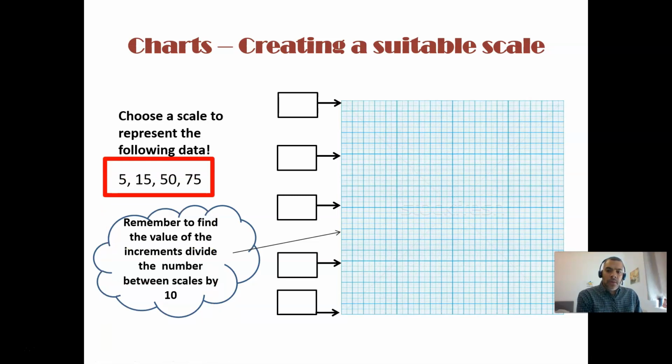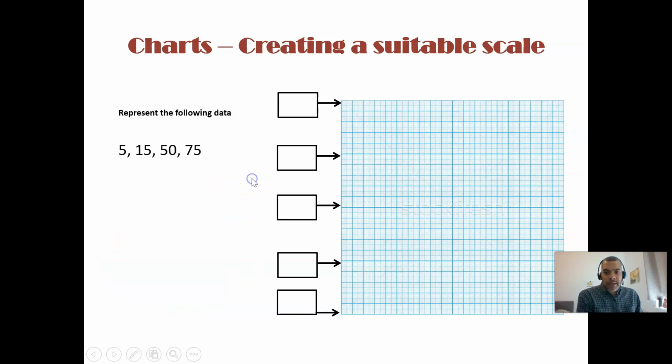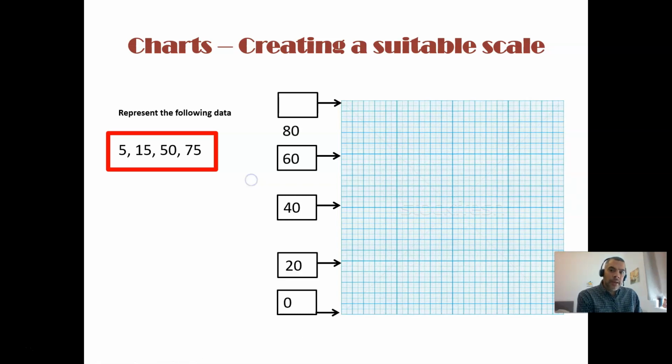So here we have another list. We have a set of numbers: 5, 15, 50, and 75. To draw a suitable scale for this, we can go up by 20s: 0, 20, 40, 60, and we can make the highest number on there 80. That will be a suitable scale to represent that data.